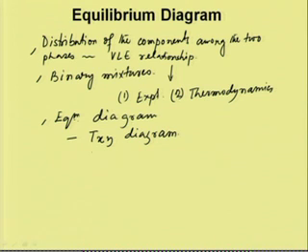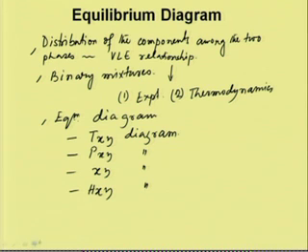So, we call it a T x y diagram or P x y diagram, and the liquid and vapor compositions are related with the x y diagram, and the enthalpy mole fraction relationship is represented by the enthalpy concentration diagram, H x y diagram.